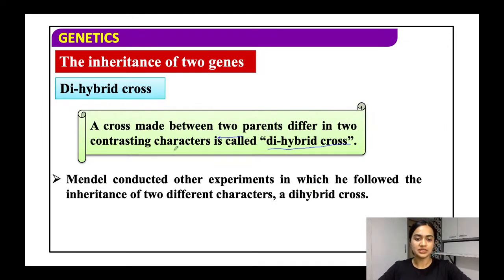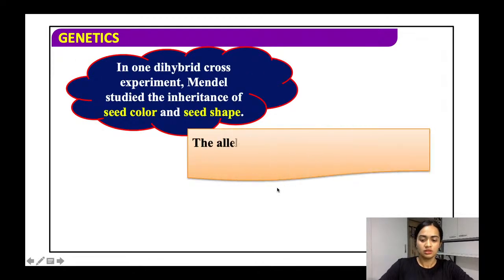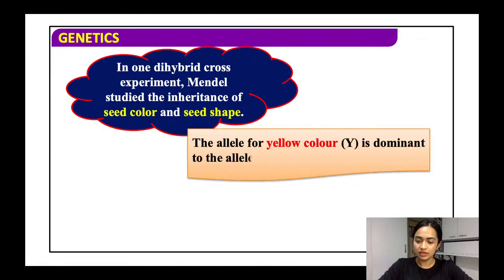Mendel conducted other experiments in which he followed the inheritance of two different characters. In one dihybrid cross experiment, Mendel studied the inheritance of seed color, and in the other, seed shape. So these are the two different characters we are taking.